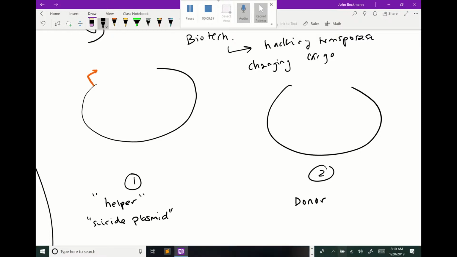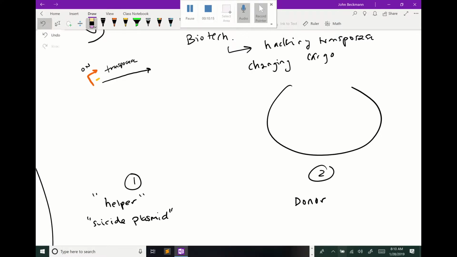And in the multi-cloning site, we put the transposase. Okay? But the recognition sites that we talked about, we remove those. Okay? And we put those recognition sites on their own plasmid, a different plasmid, the donor plasmid.